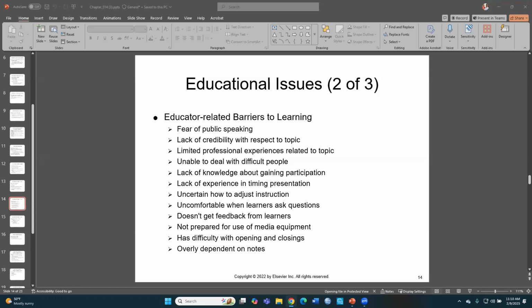Sometimes it's hard to use media materials and facilities. Making sure, if you're in an area, that you go a little early or try to go beforehand, make sure that the equipment works, because then you find yourself in a position where you have to change your method of presentation. Sometimes openings and closings are a little bit more difficult. Openings, just jump right in there.